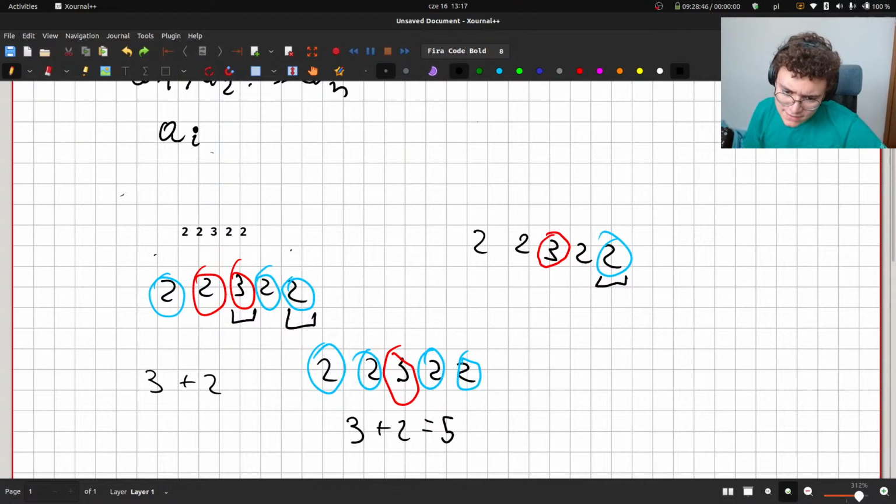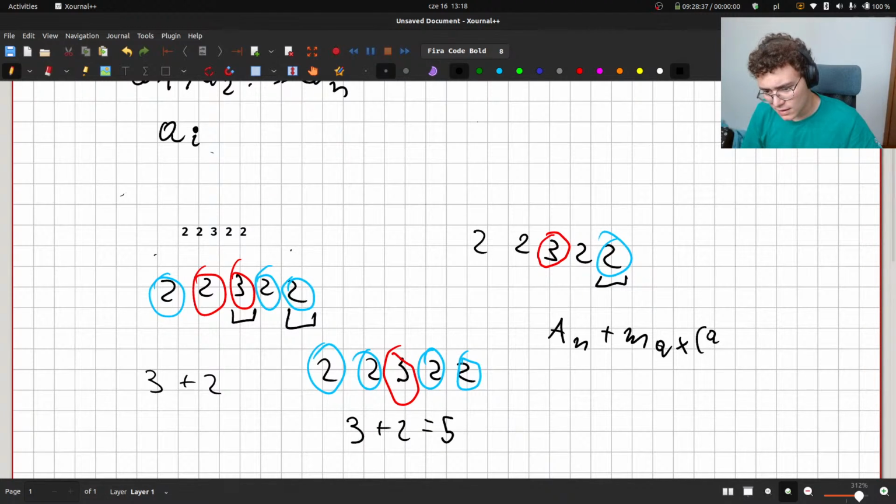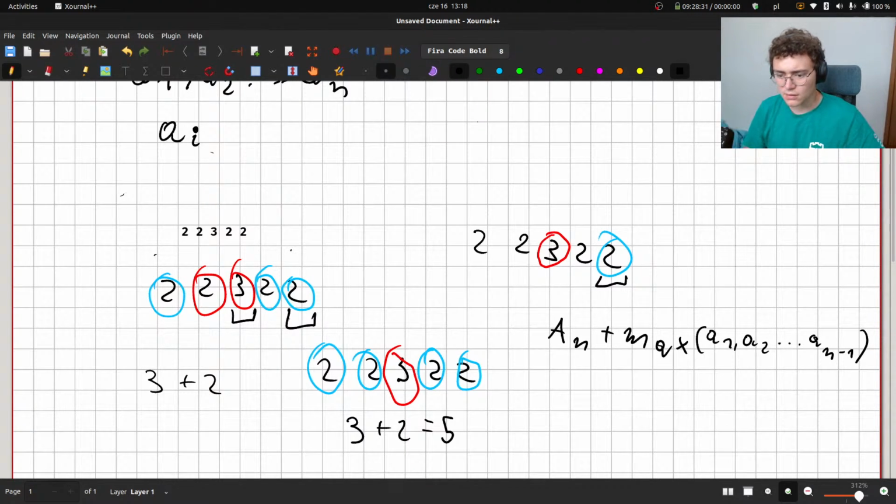So our answer will be the last element plus the maximum of a1, a2 up to a_{n-1}, right? I hope you understand this.